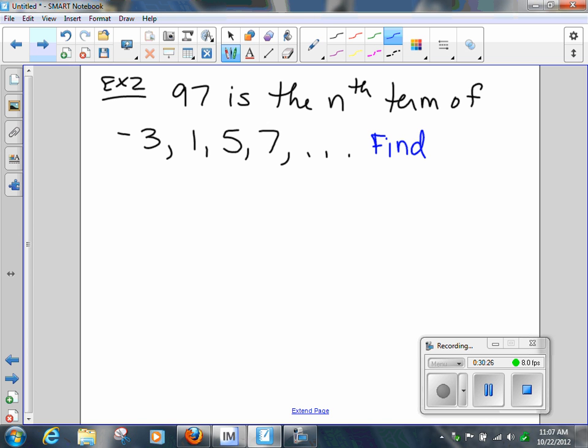What are we going to find? What are we missing? The number of terms. We're going to find what variable? N, right? Find the number of terms, which is N.